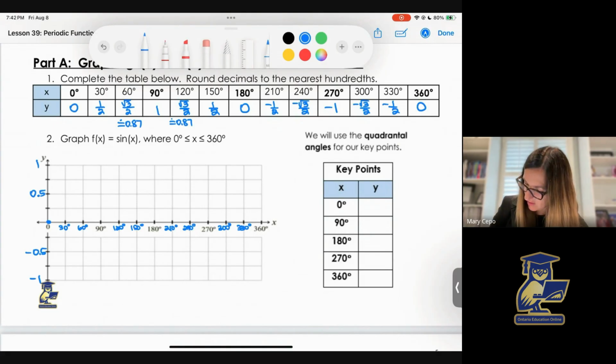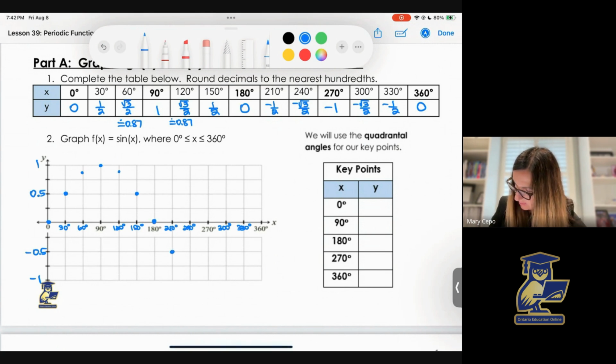So at 0, we're at 0. At 30, we're at 0.5. At 60, we're at 0.87. At 90, we're at 1. And then we're at 0.87, then 0.5 at 150. At 180, we're at 0.